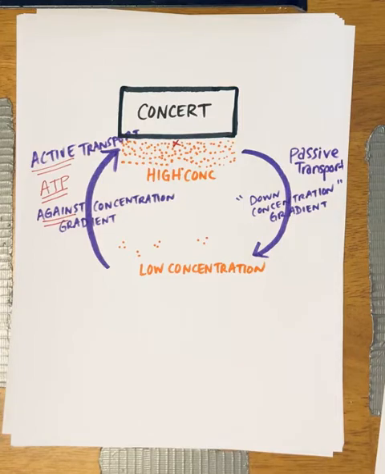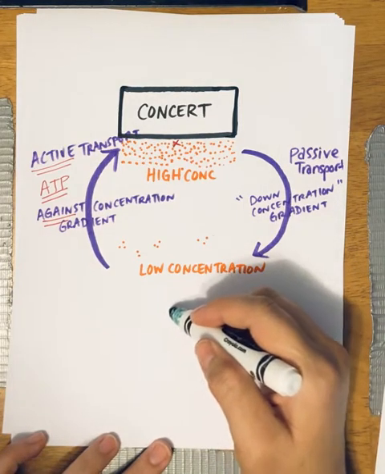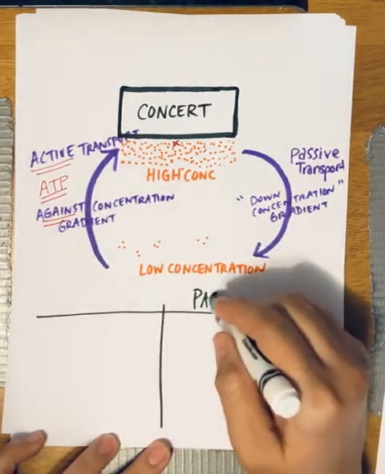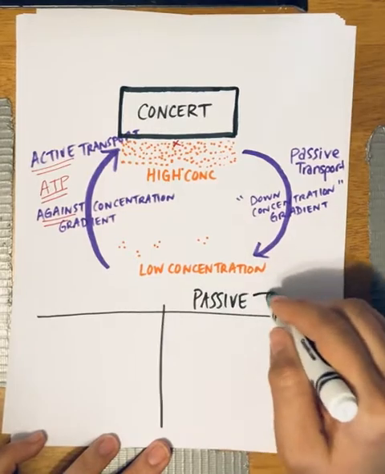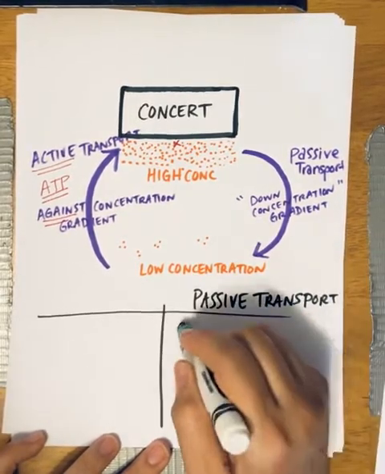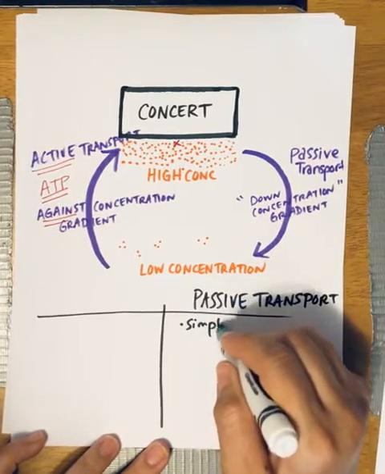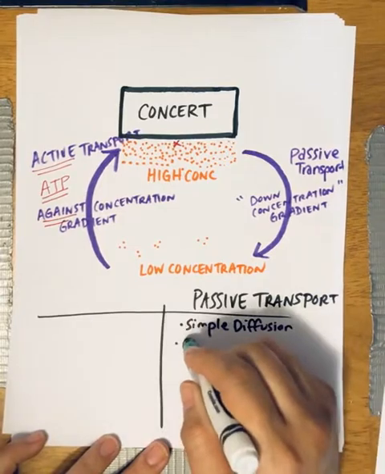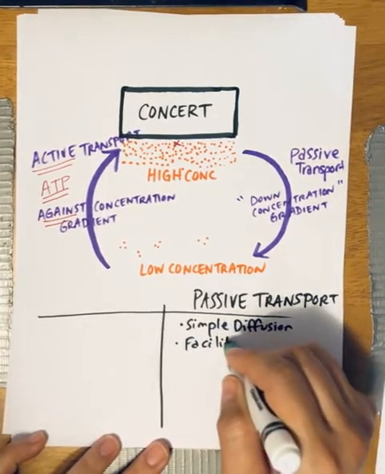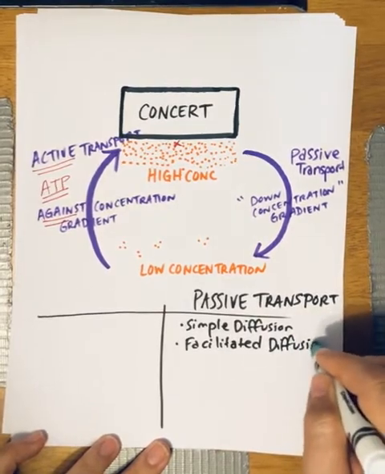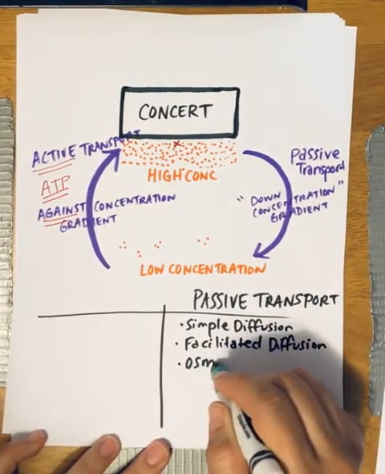When we talk about passive transport, there's several types that I'm going to discuss. Simple diffusion, facilitated diffusion, and osmosis.